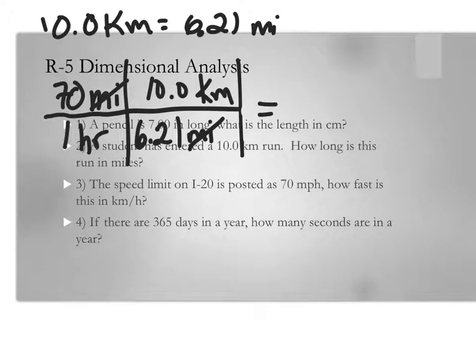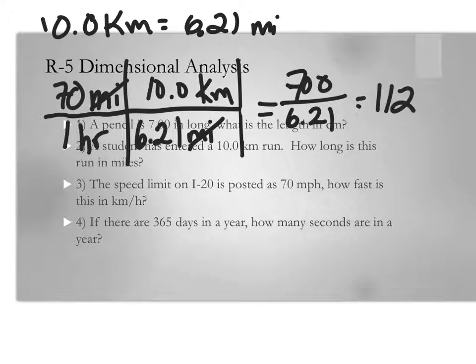So 70 times 10 is 700 over 6.21, and if you do that, 700 divided by 6.21 is equal to 112.65 kilometers per hour.